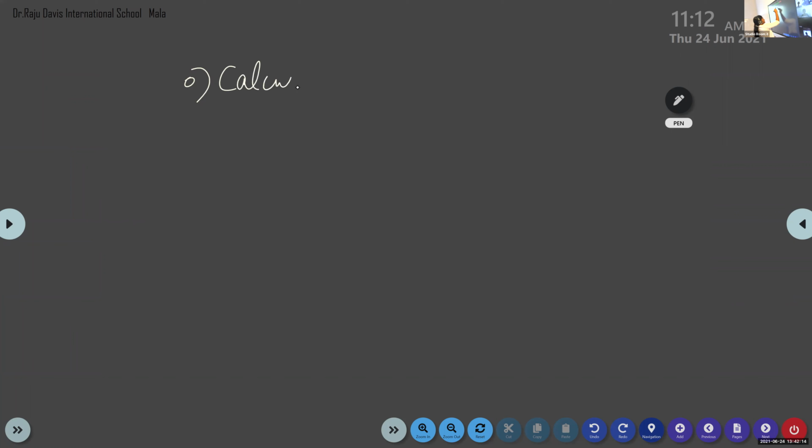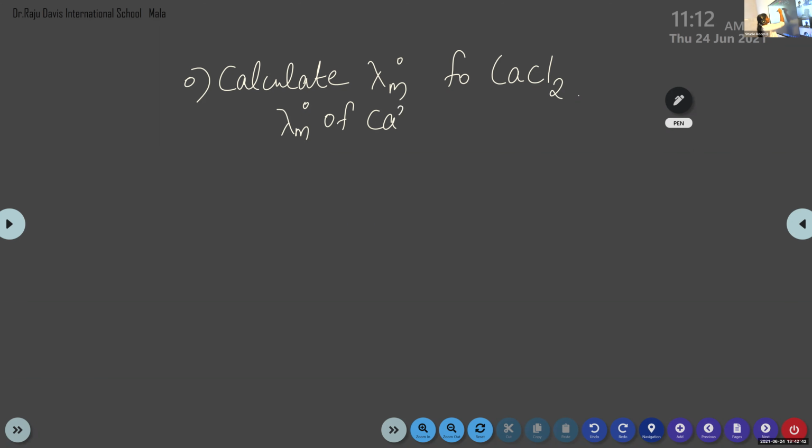Calculate lambda m0, that is the limiting molar conductivity for CaCl2. Then the lambda m0 of Ca2+ is 119.0 Siemens centimeter square per mole.